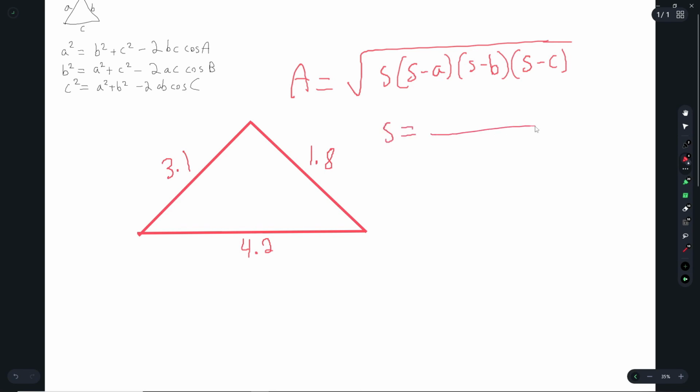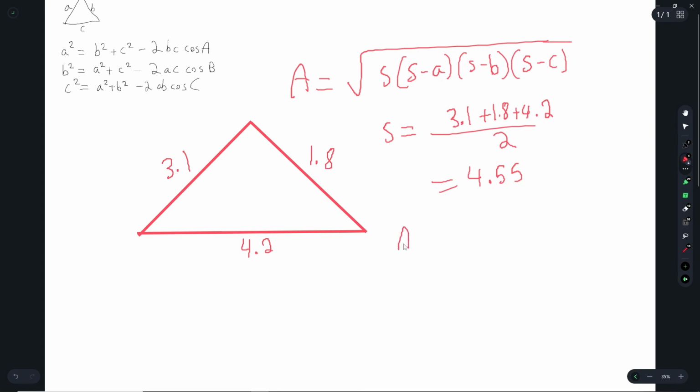So S is equal to 3.1 plus 1.8 plus 4.2 over 2. If you do this on a calculator, 3.1 plus 4.2 plus 1.8 over 2, it gives you 4.55.